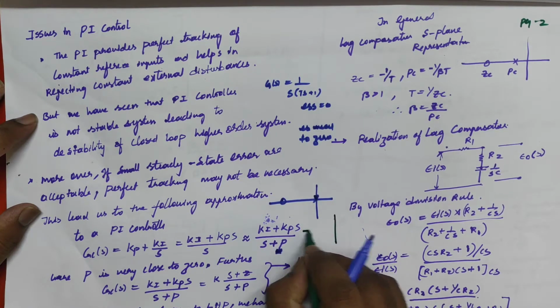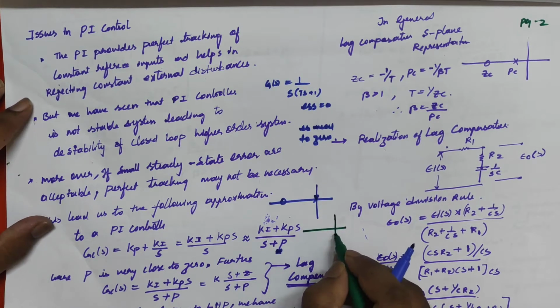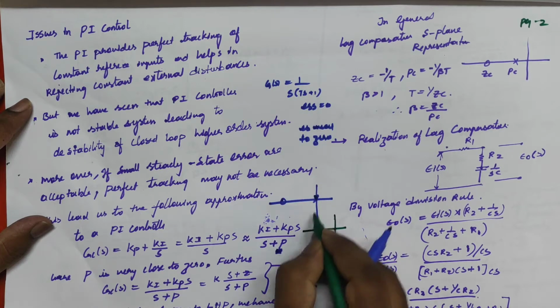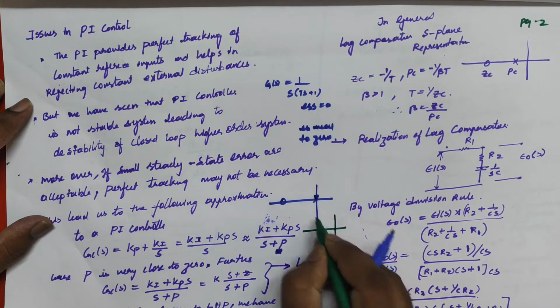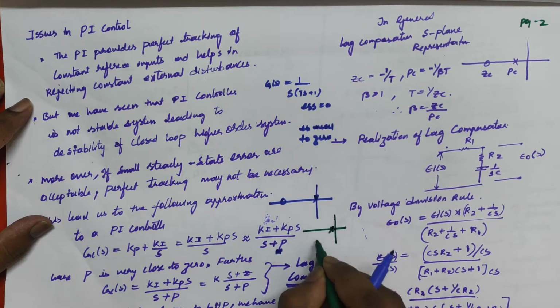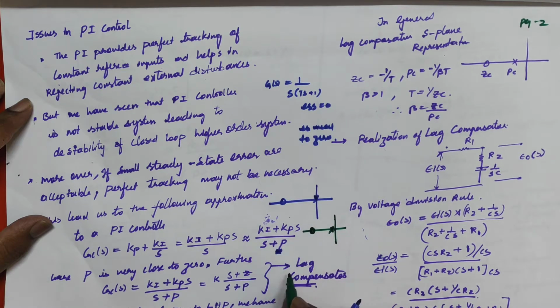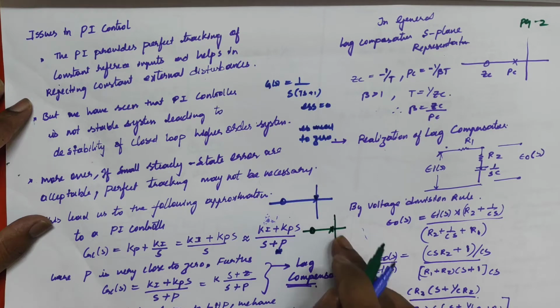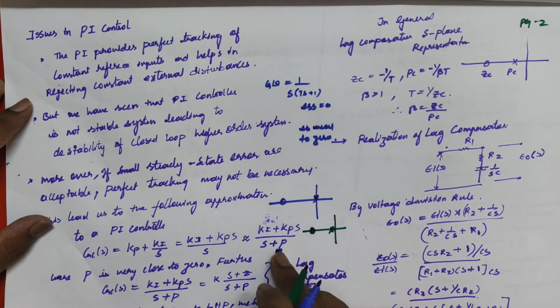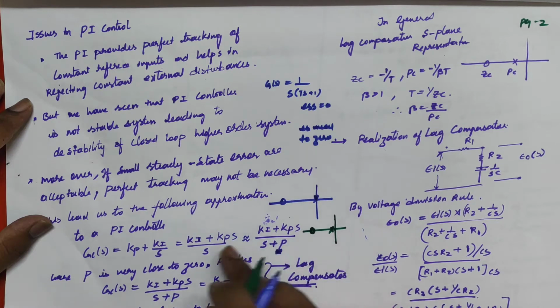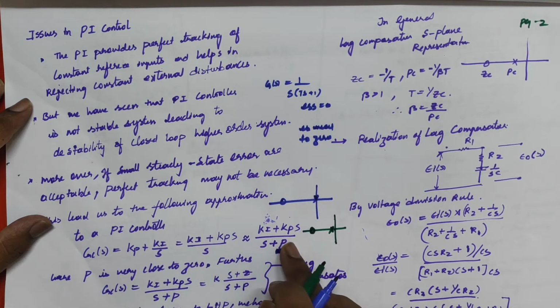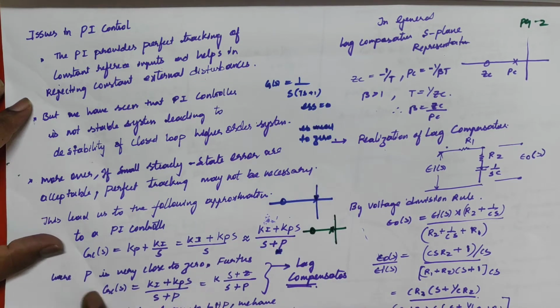That is the lag controller. Near the origin, instead of at the origin, we place the pole here, and we remain with the zero here only. This leads to the approximation of adding a pole near the origin instead of at the origin, where P is very close to 0. Further, this gives a lag compensator.